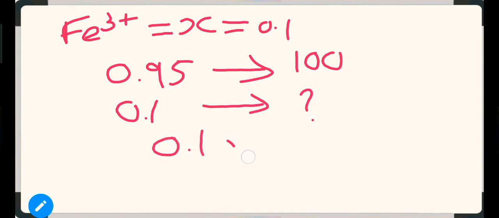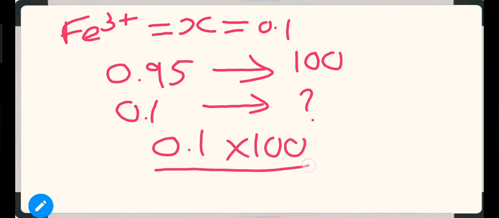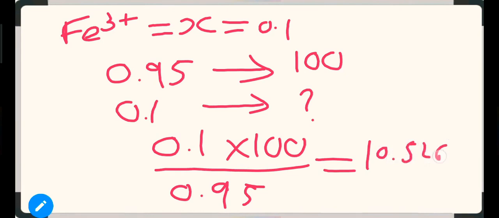So cross multiplication: 0.1 multiplied by 100 divided by 0.95. So by solving this equation, you will get 10.526%. That means almost 10.5%. So the percentage of Fe+3 is equal to 10.5 approximately.